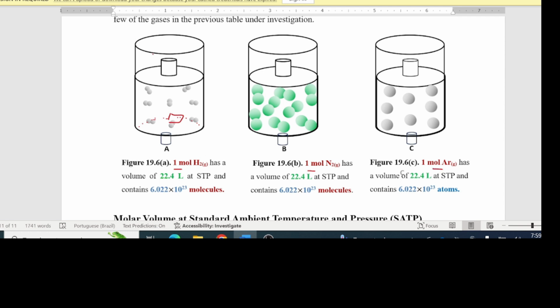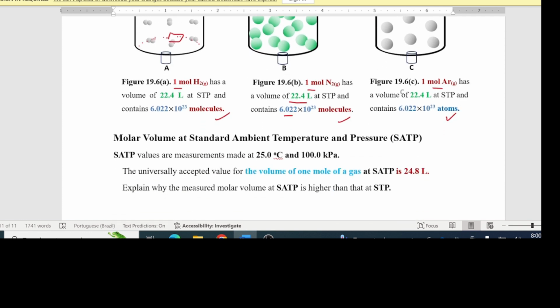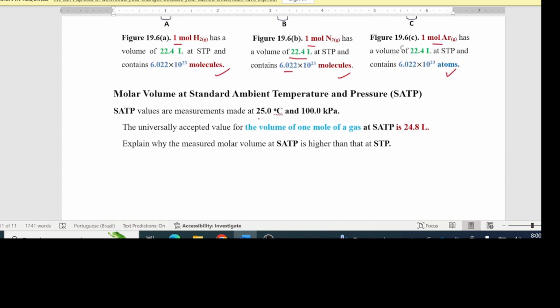This plunger will go up and it will be exactly the same in each case as long as the temperature and pressure of these gases are the same. And it works out to be 22.4 liters, and of course 1 mole of anything will have Avogadro's number of entities, in this case molecules, and because argon is an inert gas, it's in the form of atoms.